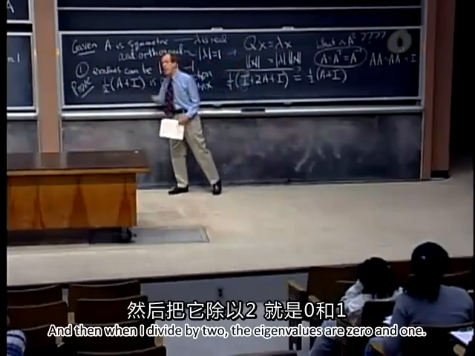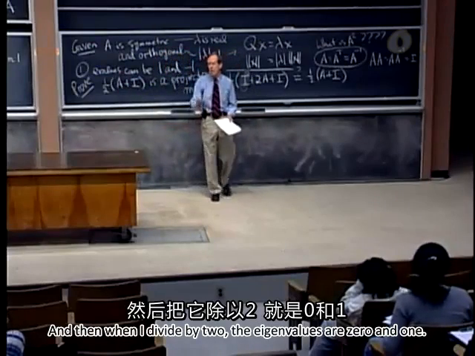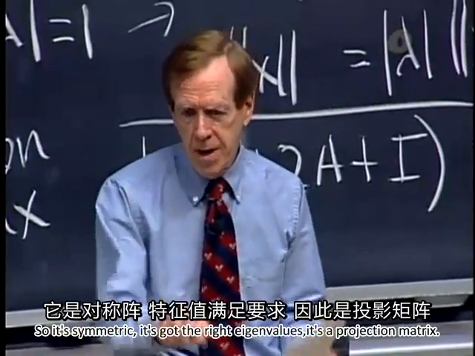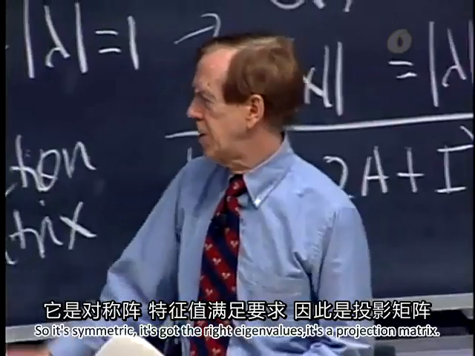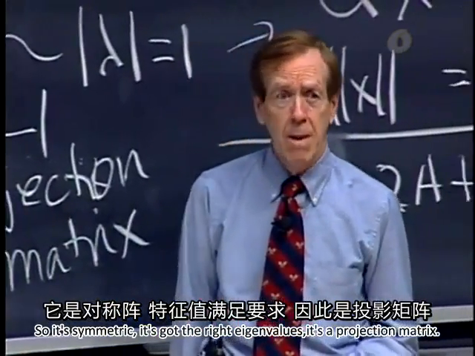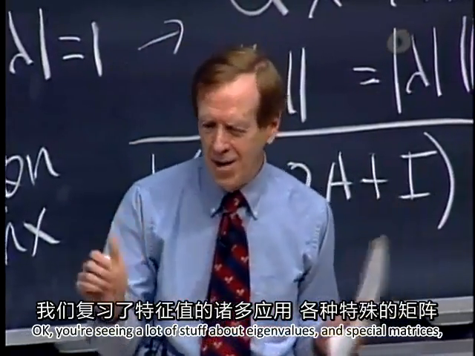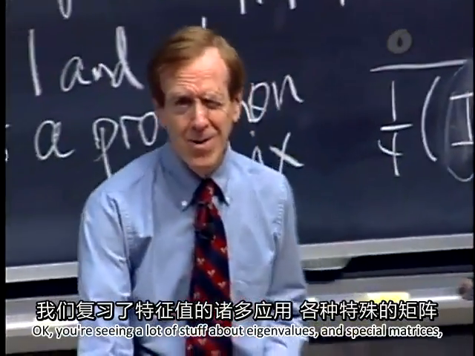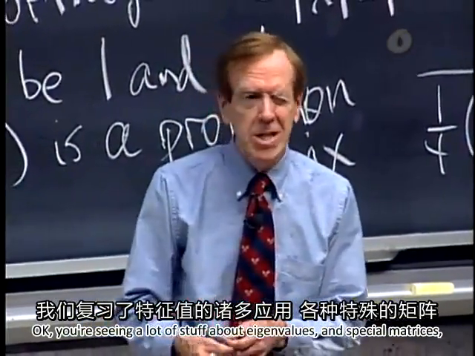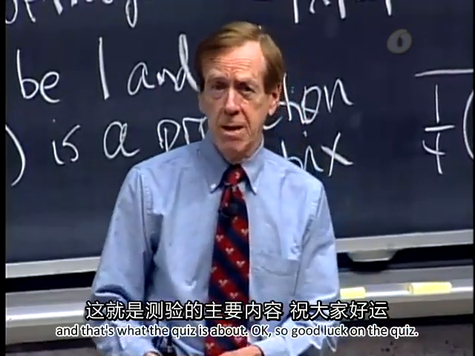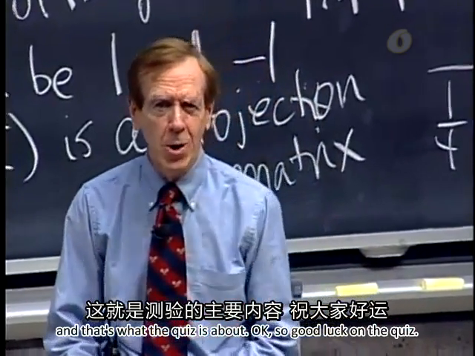And then when I divide by 2, the eigenvalues are 0 and 1. So it's symmetric, it's got the right eigenvalues, it's a projection matrix. OK, you're seeing a lot of stuff about eigenvalues and special matrices, and that's what the quiz is about. OK, so good luck on the quiz.